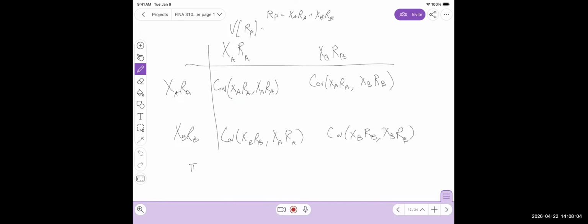Think about historical returns just for a moment. Okay, so the covariance of XARA with XARA is equal to 1 over n minus 1, two brackets, right?